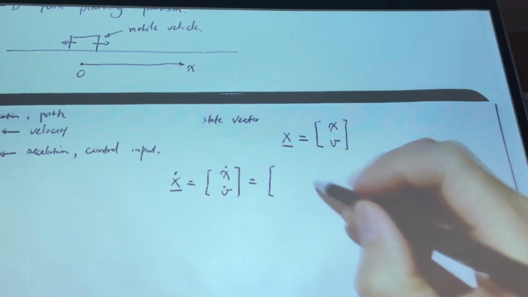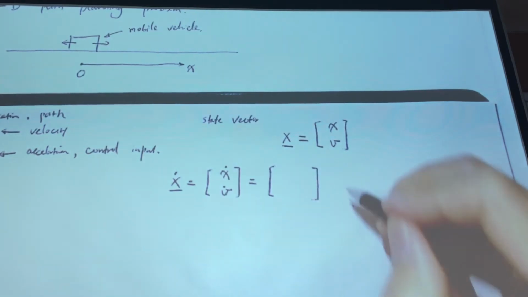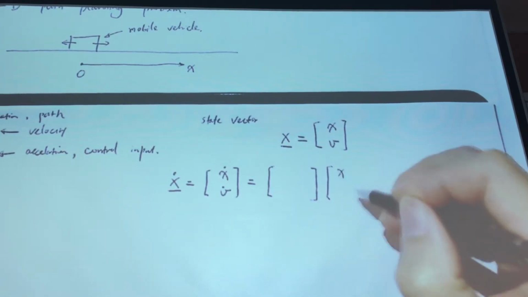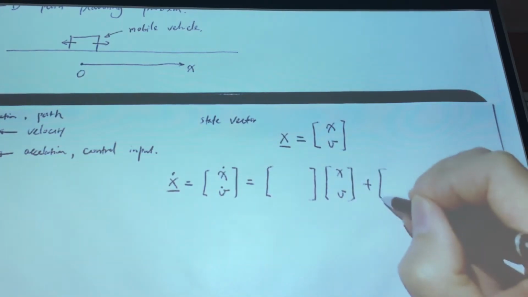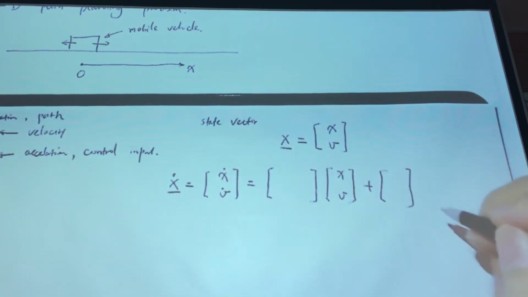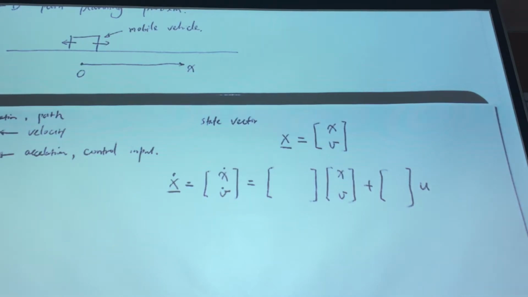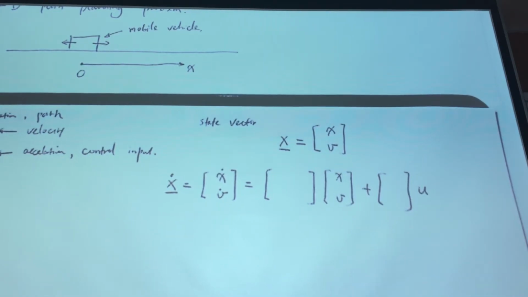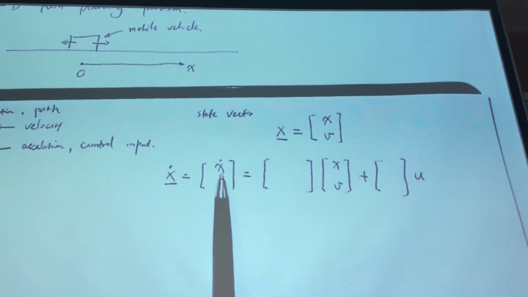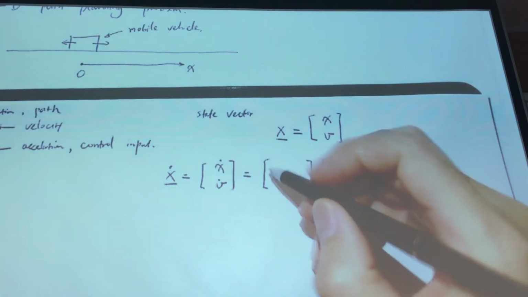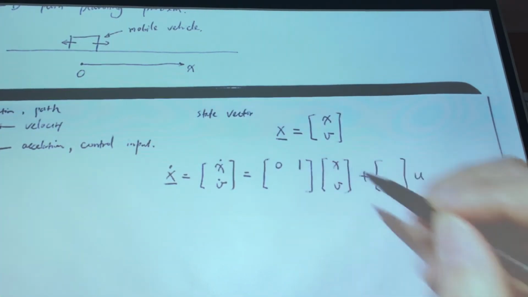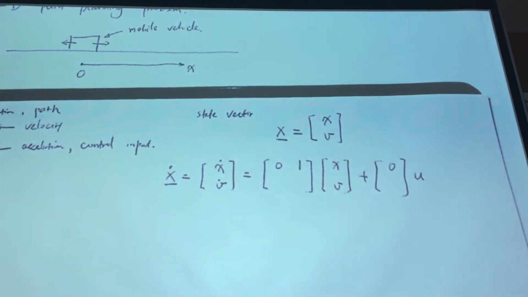We may get the matrix form for this one. So here are x and v plus another matrix multiplied with u. So it will be a form like this. The x dot is given by v, so these are 0, 1, and these are 0.